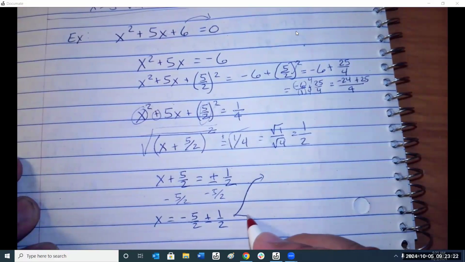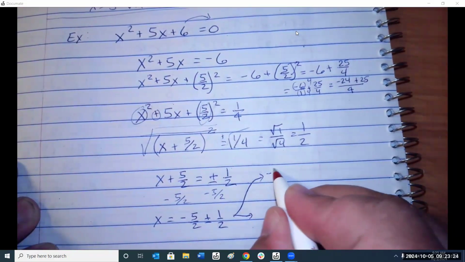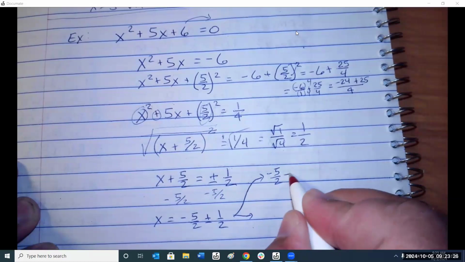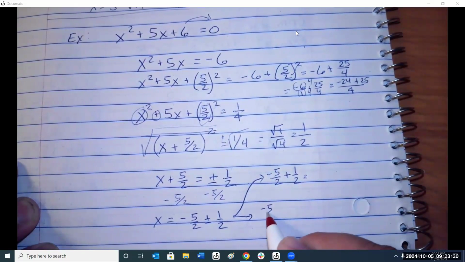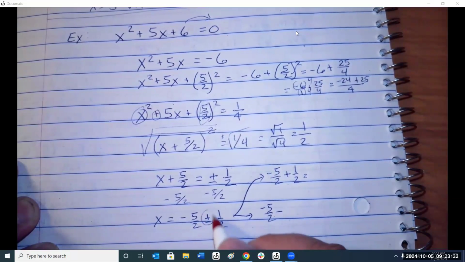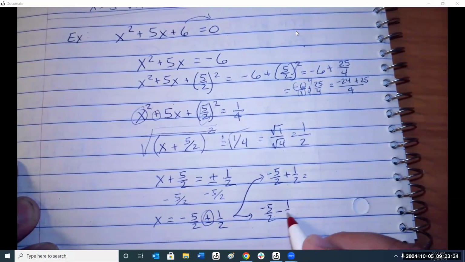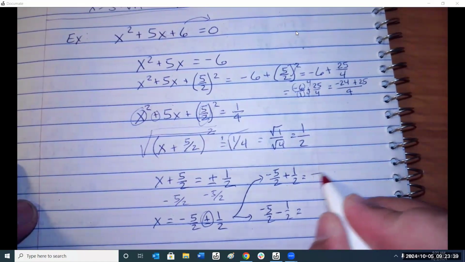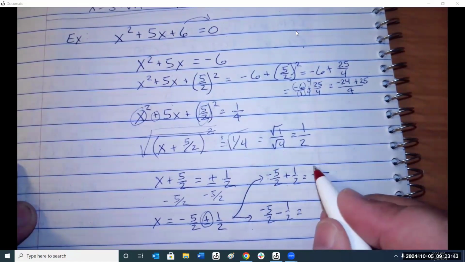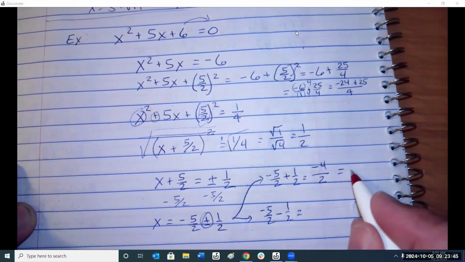Our two solutions: -5 over 2 plus 1 over 2, and -5 over 2 minus 1 over 2. -5 plus 1 is -4, over 2 is -2.